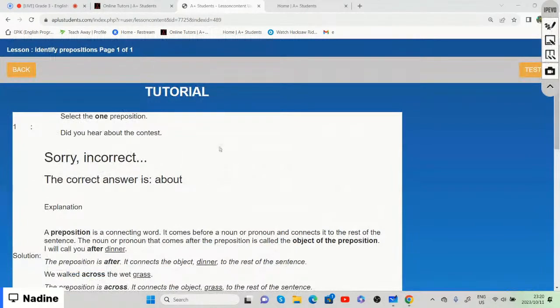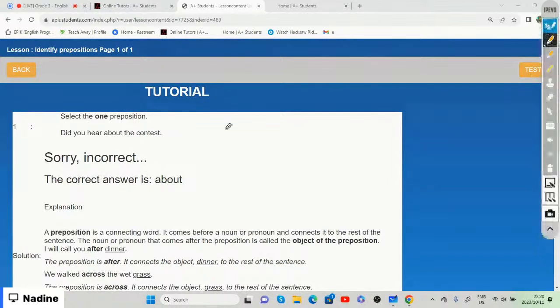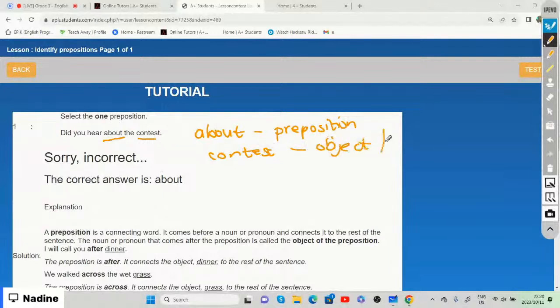So if we identify a preposition, then we will say about is our preposition, and contest is our object or our noun. So contest is either the object or the noun.